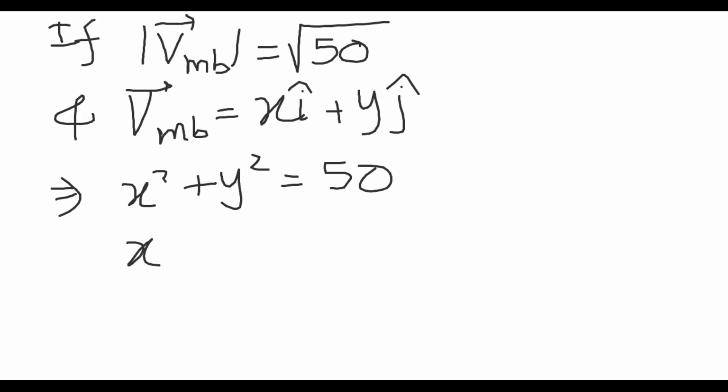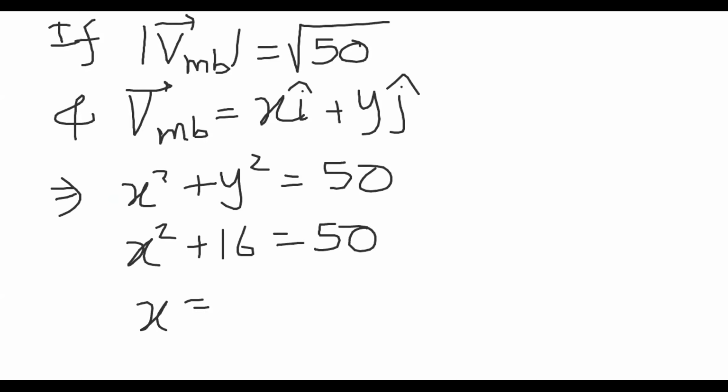So x square plus 16 is equal to 50, and x should be equal to under root of 34. Right? What have I found? I have found the x and y values, I have found the velocity vector of the motor boat.